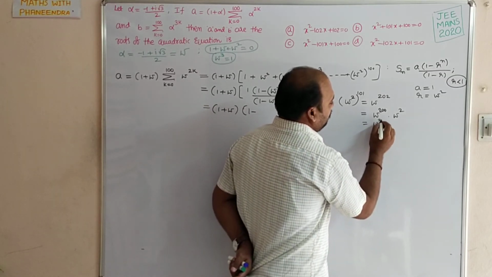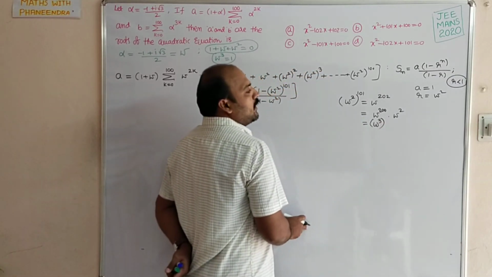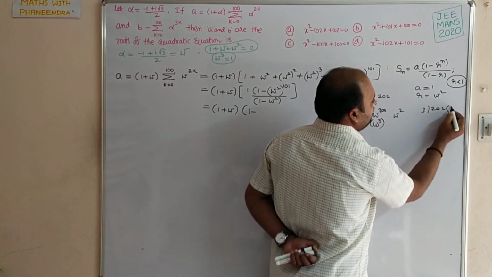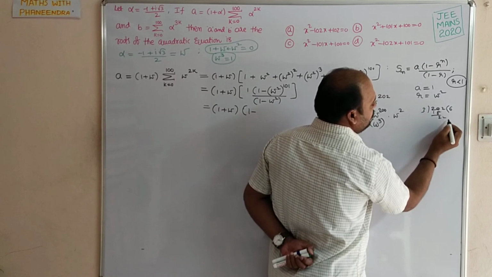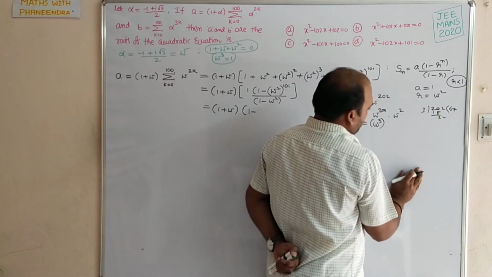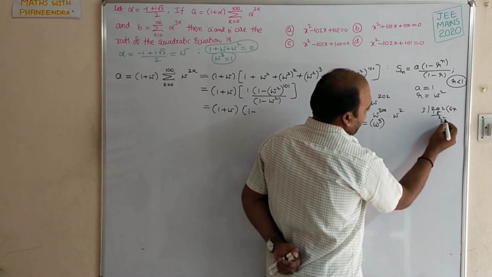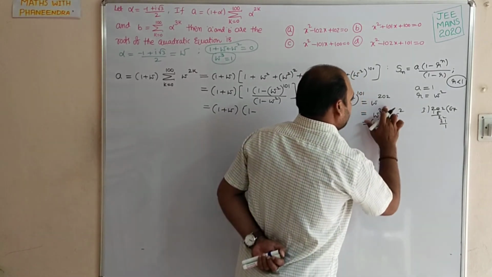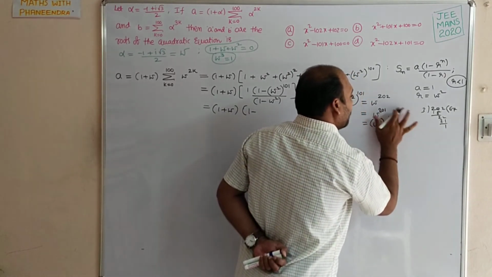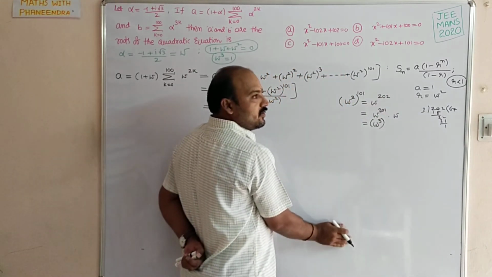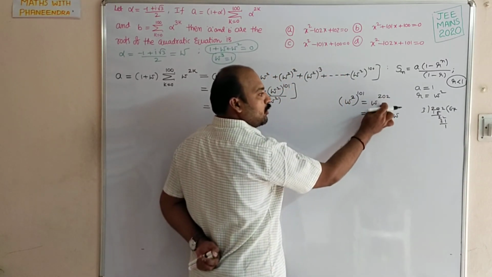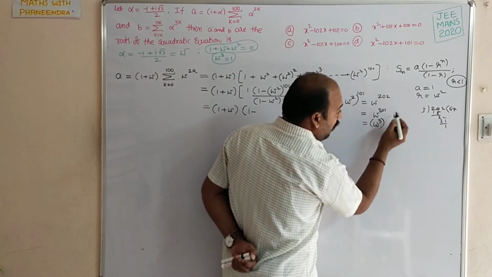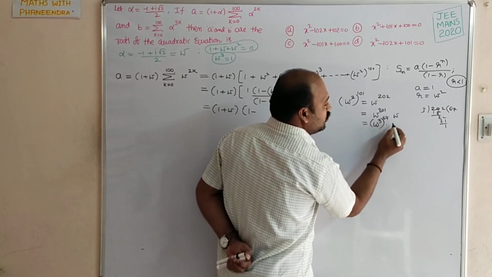In multiples of 3 we can write it. 202 divided by 3, 3 sixes are 18, 22 is there, 3 sevens are 21, so remaining is 1. So we can write it as, this is better, 201 into omega. So base are equal, power should be added. Omega power 202 can be written as omega power 201 into omega. So omega power 3 whole power 67 into omega.